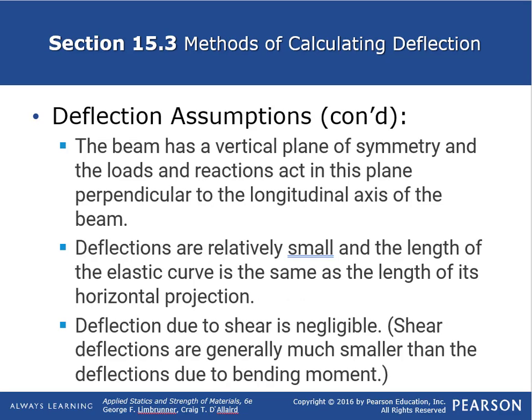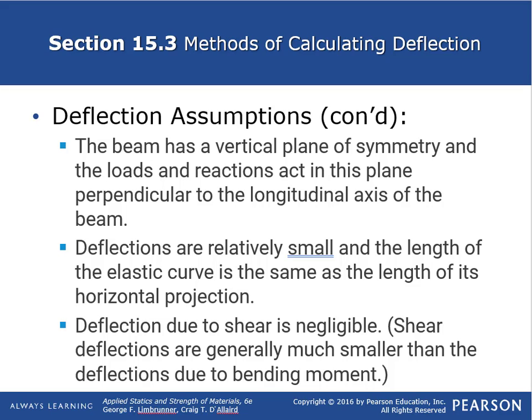The beam has a vertical plane of symmetry, and the loads and reactions act in this plane perpendicular to the longitudinal axis of the beam. That's your parallel force system. Deflections are relatively small, and the length of the elastic curve is the same as the length of its horizontal projection. Small deflections. And deflection due to shear is negligible. Shear deflections are generally much smaller than deflections due to bending moments.